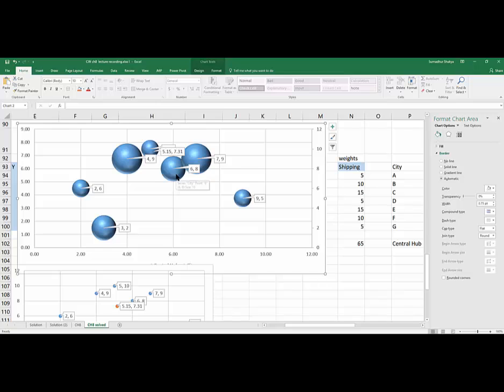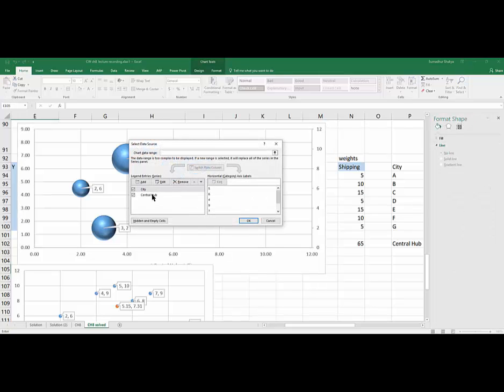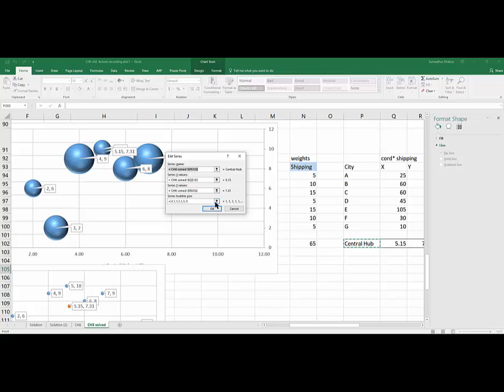Now we can do the same for our central hub, such that the central hub can also be shown by bubble size. At this point I just want to make it visible, so let's say it'll be handling all of this volume.